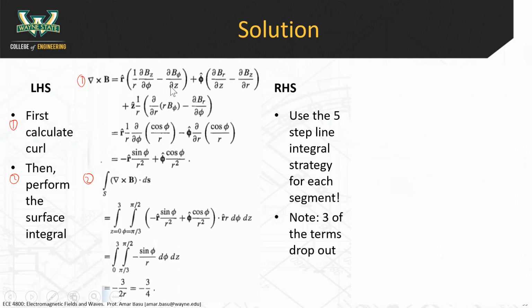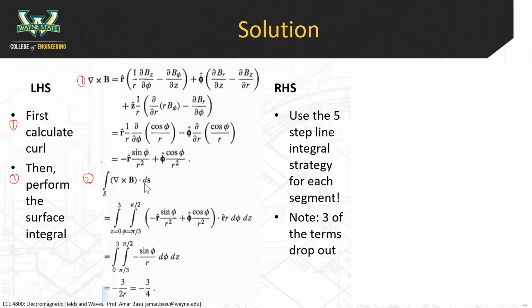You have to figure out a lot of different partial derivatives, and then you will go through and get a formula that gives you del cross B. All right, standard figuring out the curl. Notice that the curl has components in the r hat direction and in the phi hat direction, and this depends on 1 over r squared.